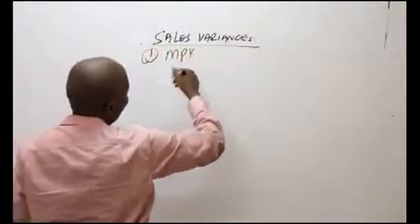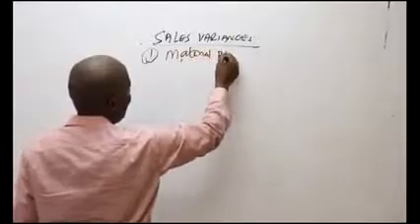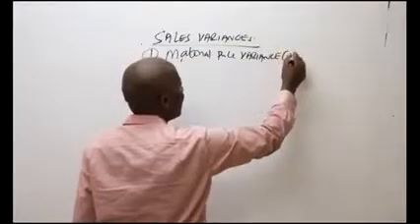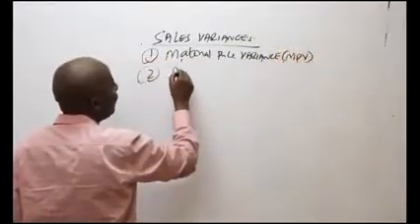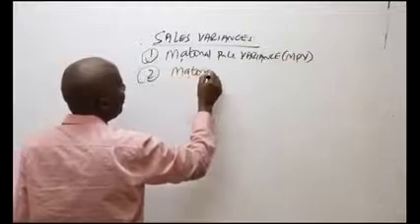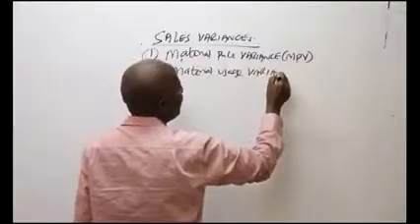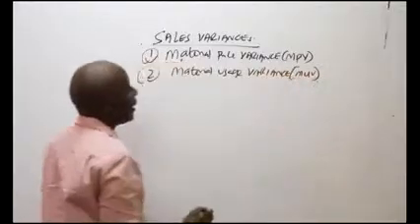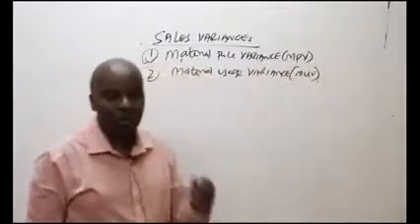We have material price variance, which we shall be abbreviating as MPV, and then number two, the material usage variance.